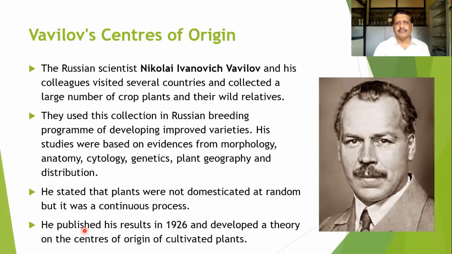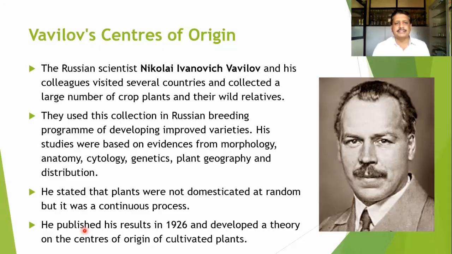Here we can find a man who has given the centers of origin. He is basically a Russian scientist. It is Nikolai Vavilov. He and his colleagues visited several countries and collected a large number of crop plants and their wild relatives.